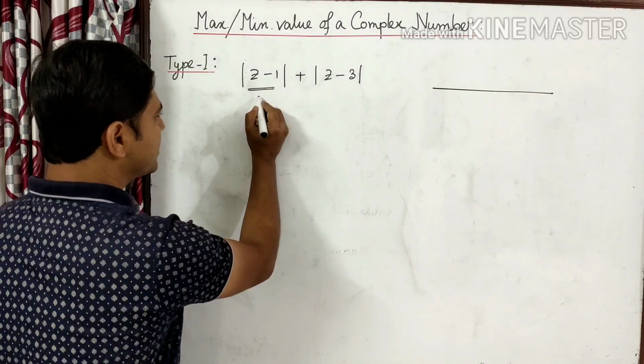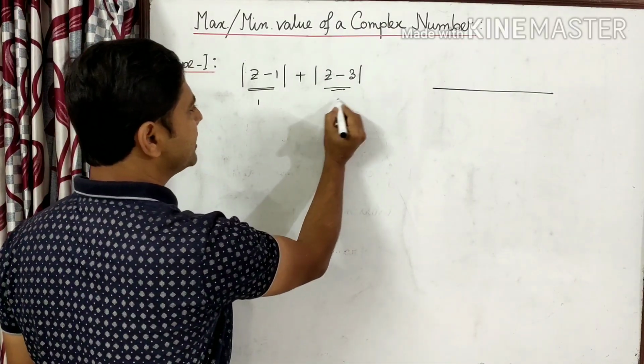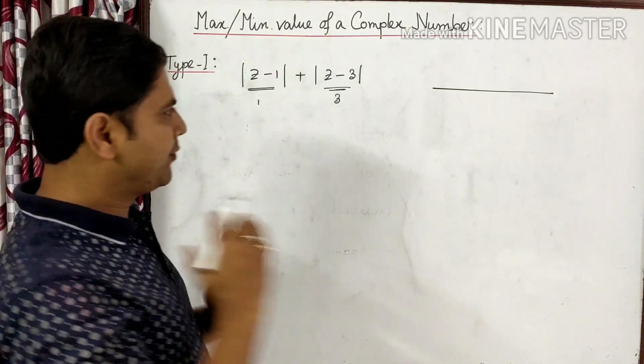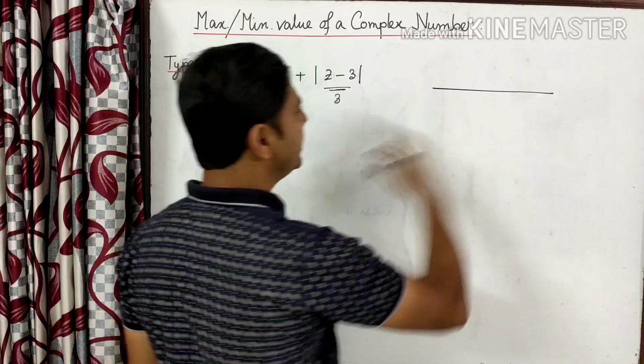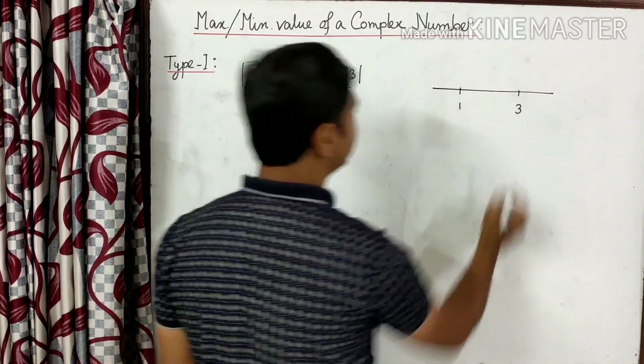When z minus 1 equals 0, then z equals 1. When z minus 3 equals 0, then z equals 3. Putting these values in increasing order, you have 1 and 3.